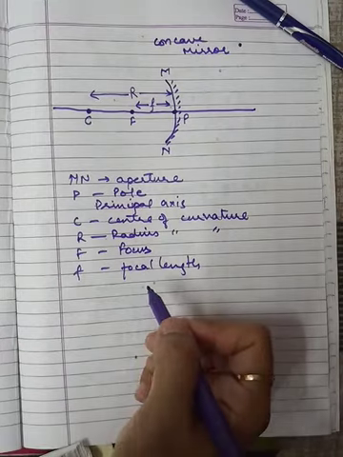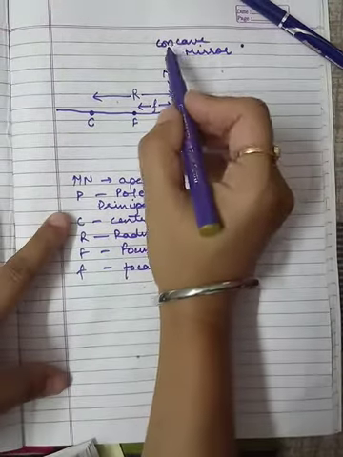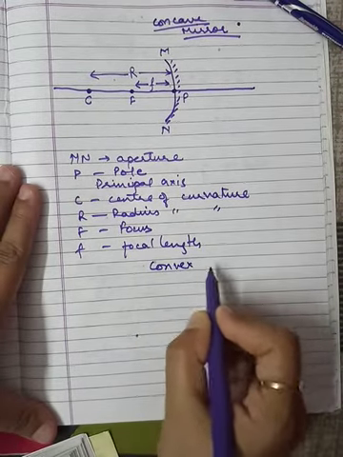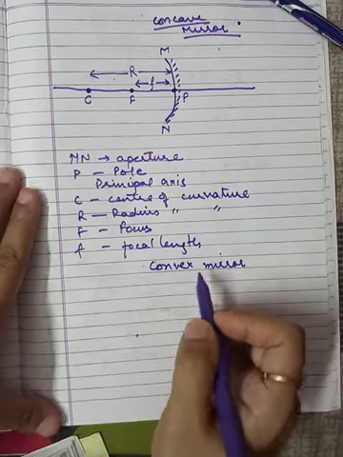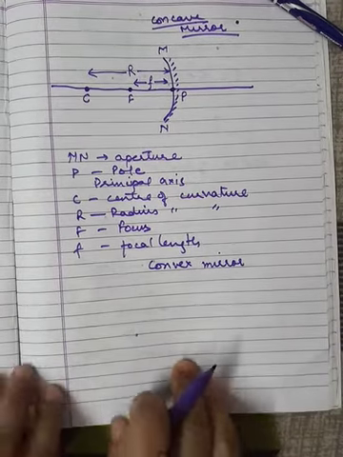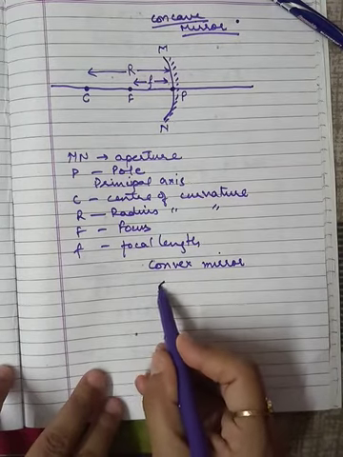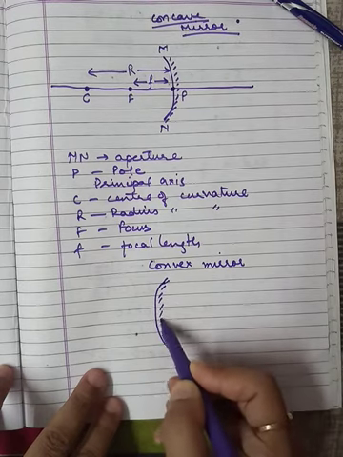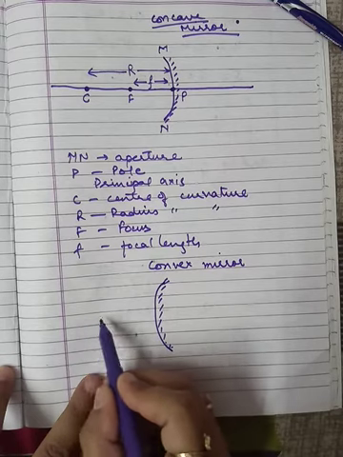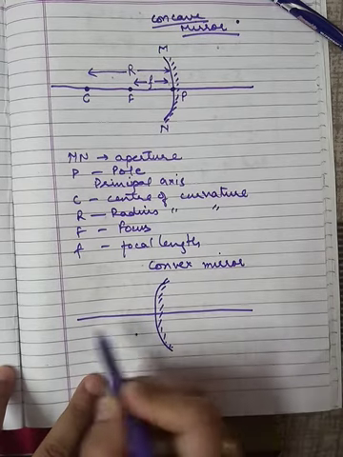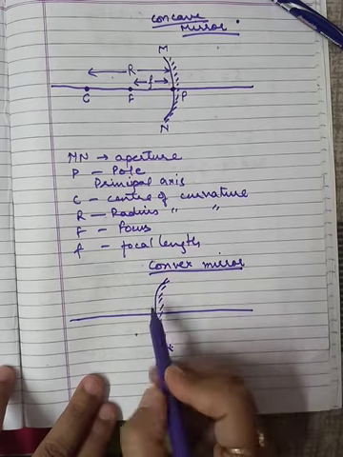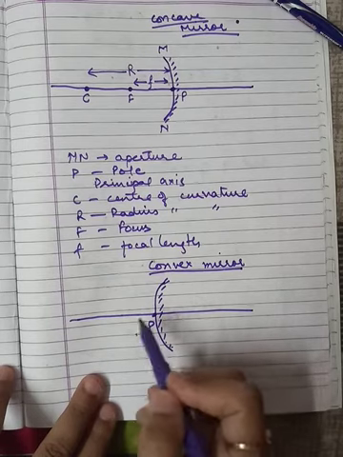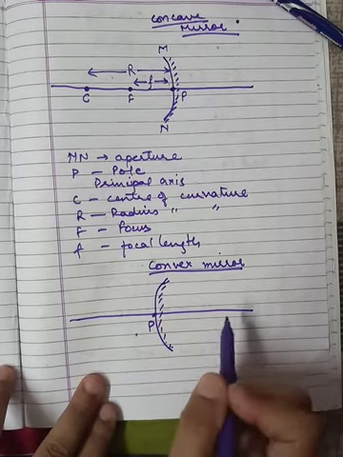Now this was for the concave mirror. For the convex mirror, I am drawing it again because there is a little difference in the drawing only. The curvature is towards the other side, so that is why there will be a difference. The center point of the convex mirror is again called the pole. The parameters are the same, but the position will be on the other side.